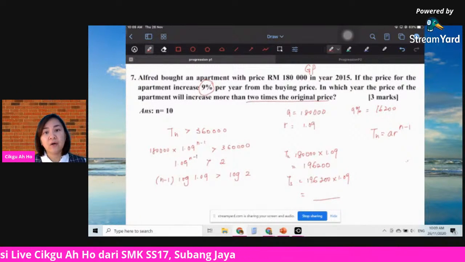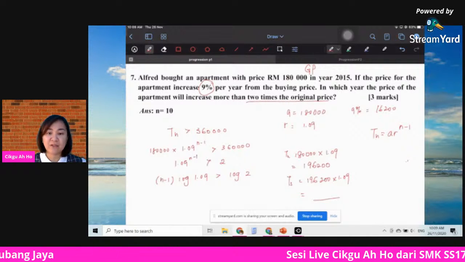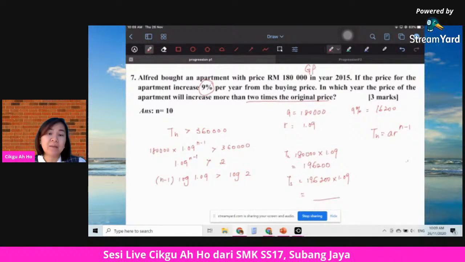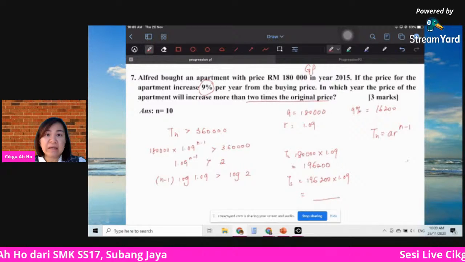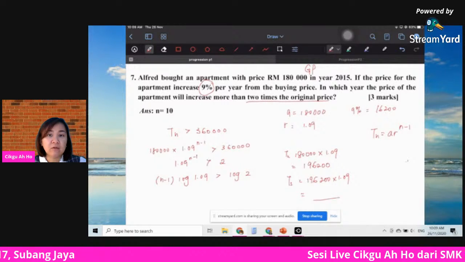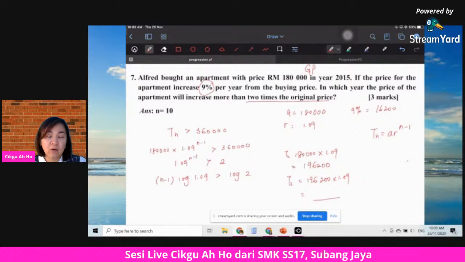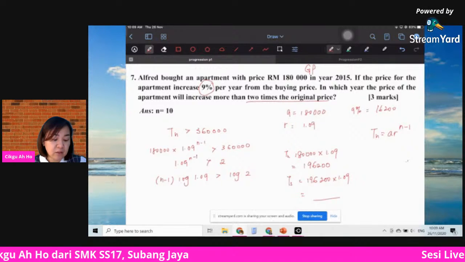So make sure you all have strong basic knowledge of how to apply the law of logarithms in any part of the questions. Besides progressions, linear law also involves log. So the topic of law of logarithms is very important. Sangat penting tajuk log. Okay, so we proceed.